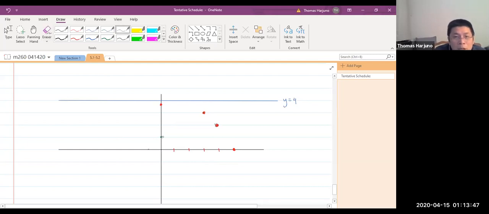And then negative 1, 1/2: move 3 units to the right, upside down, up 4. Okay, so you see then the graph will be approximately like this.